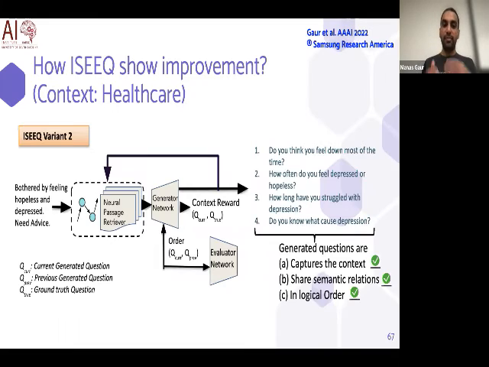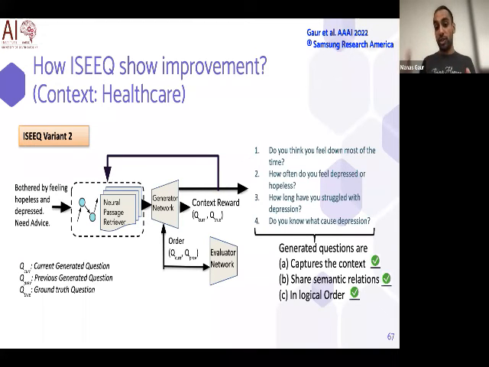And that's where we latch on to a concept called natural language inference. The natural language inference principle says that if two questions are in order of each other, then the second question entails the first question. If the two questions do not provide any new information, they are the same, then they have a neutral relationship.